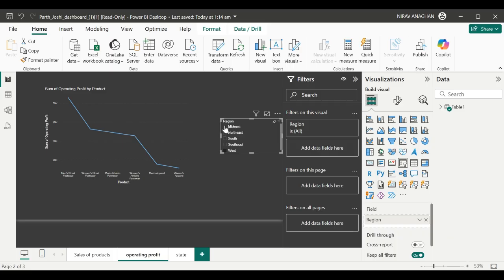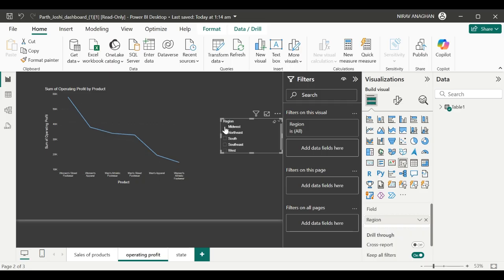By region, we can also compare volume. The south is only around 80K, but the midwest is touching more than 120K, and the northeast is lower, under 60K. The southeast is around 50K, and the west is also around 50K.